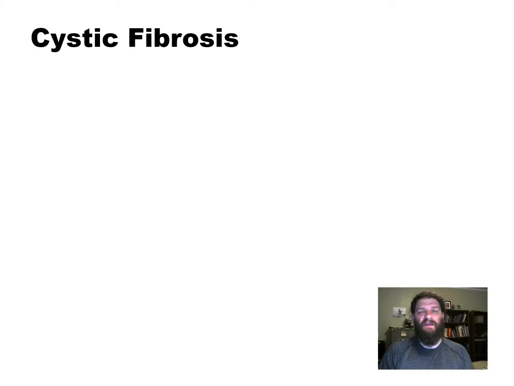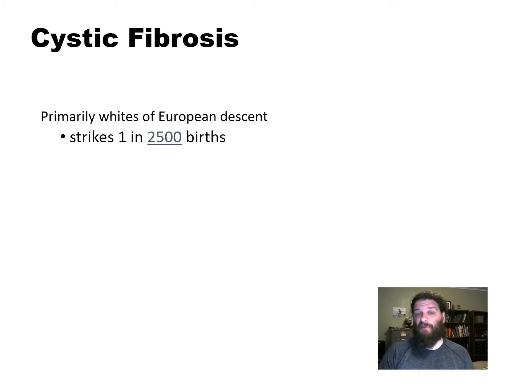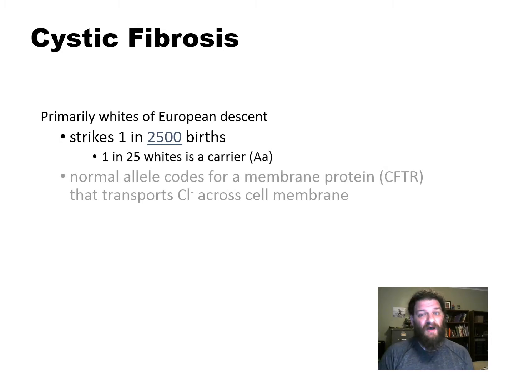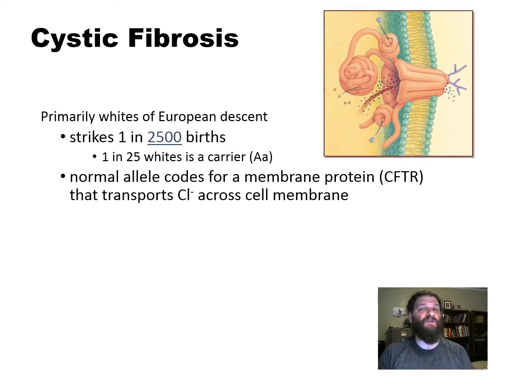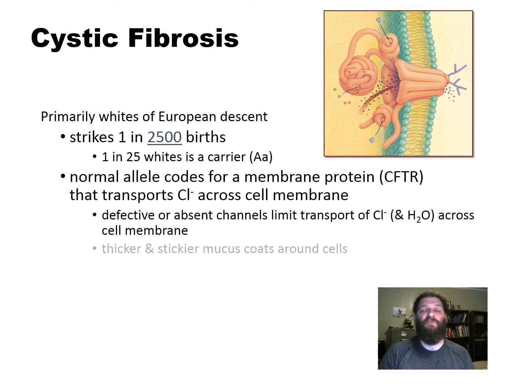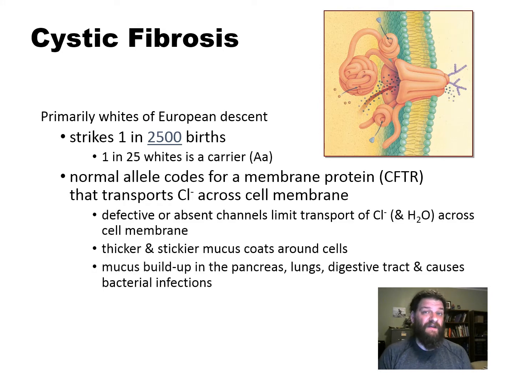Cystic fibrosis is a good example of a disease that results from a frameshift mutation, where sickle cell anemia is a disease seen more often in African populations. Cystic fibrosis is more often in European populations. The gene involved codes for a transport protein that moves chloride ions across the cell membrane, and when it's defective, the mucus doesn't move as well.